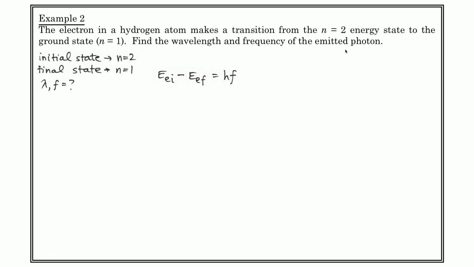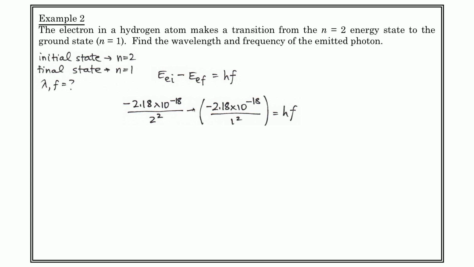So what we need to determine is the difference in these energy levels. So I've got E initial minus E final. But I have an expression that I just derived that's going to tell me the energy in that state. Now, be very mindful: these negatives are in here, and they're very important.